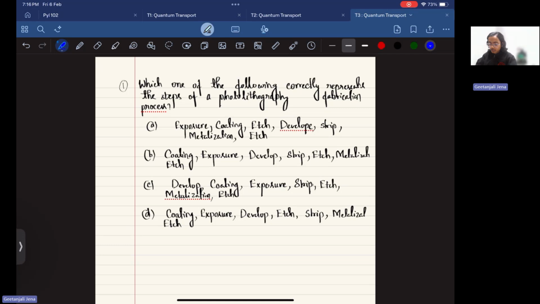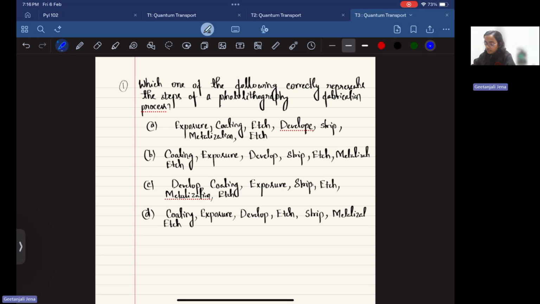First one is exposure followed by coating, then etching, develop, strip, metallization, and etching. In option B, it is coating, exposure, develop, strip, etch, metallization, etch.